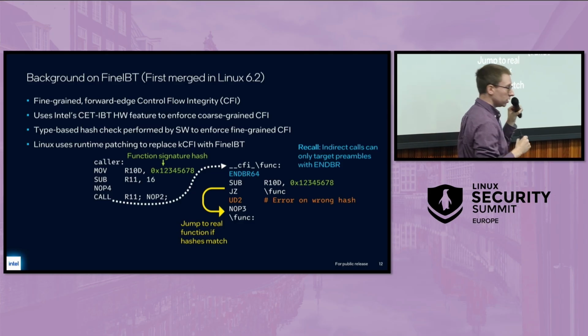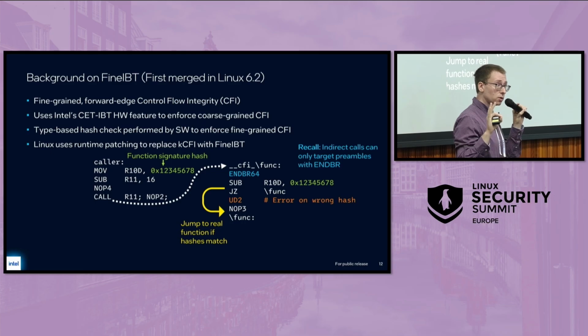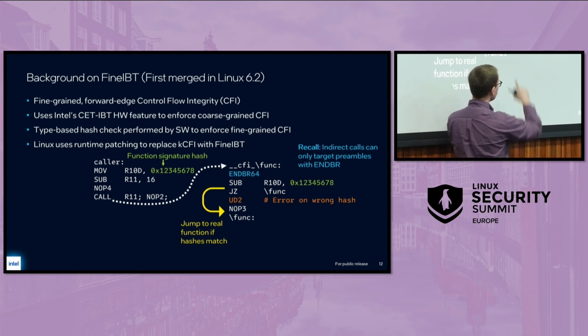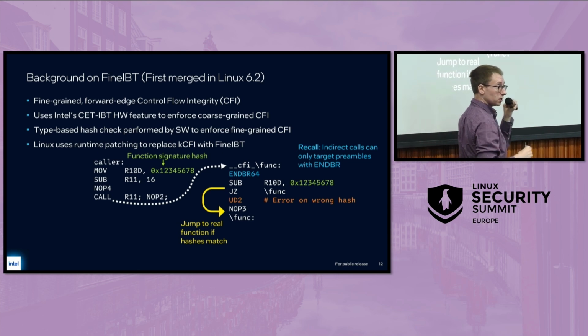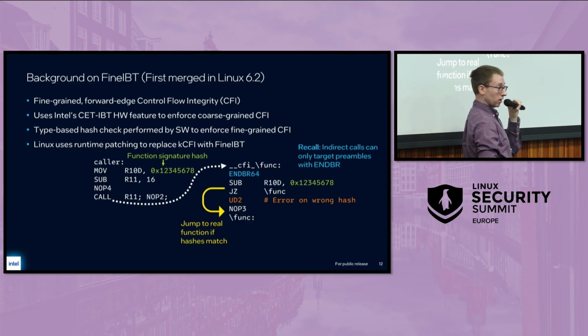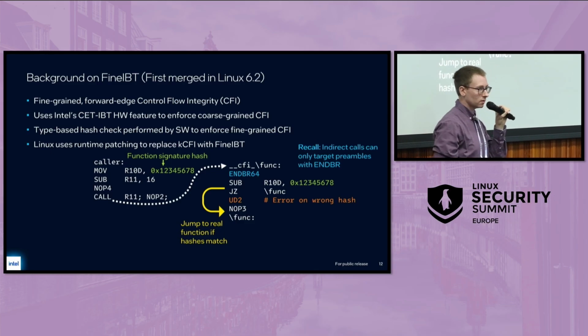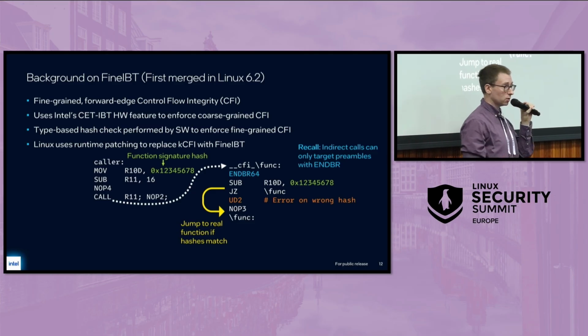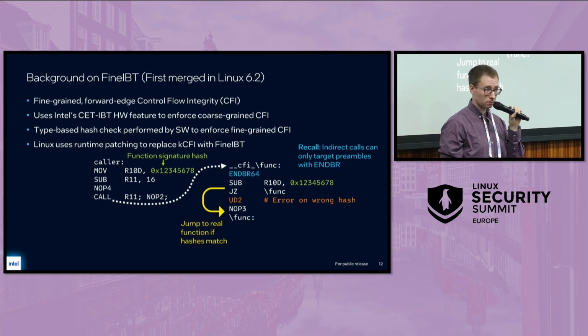Now, if the two hashes are identical, meaning that the types are identical, modulo the possibility of a collision, which I'll talk about, the result of the subtraction will be 0. This JZ, jump if 0, will activate, skip over the undefined instruction, and go into the function. If the hashes do not match, the JZ will fall through and cause an error. So this is the coarse grain check, then the fine grain check, and that's the solution.